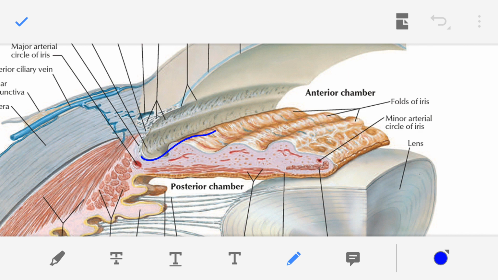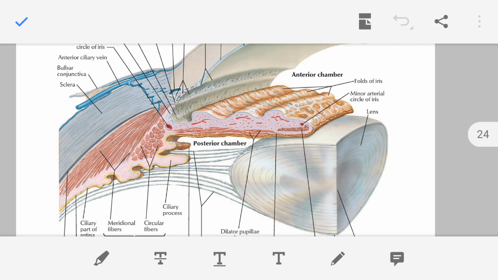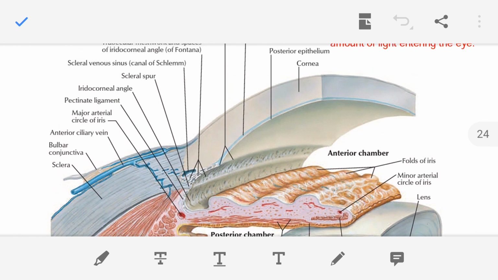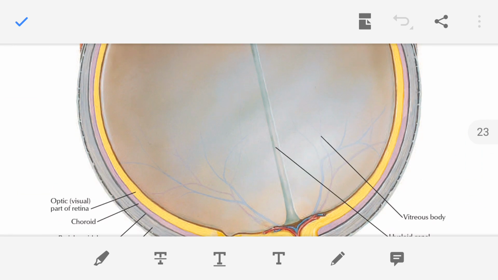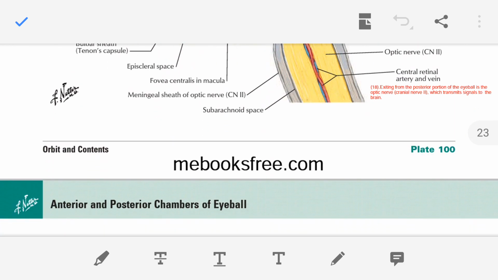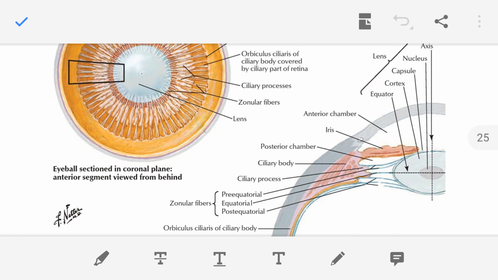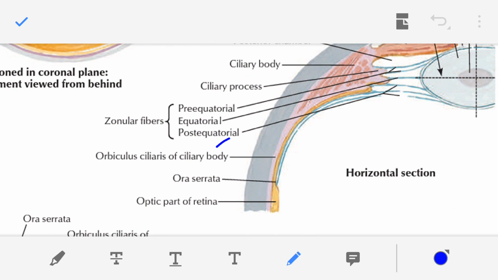This portion is the iris, and this portion is the choroid.